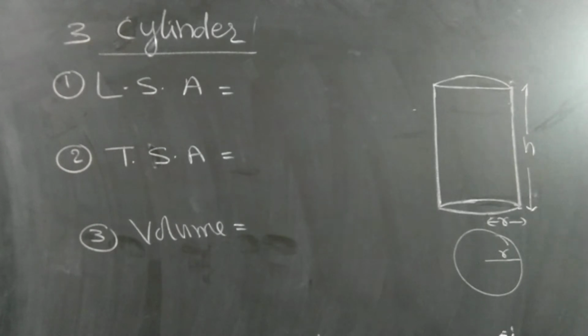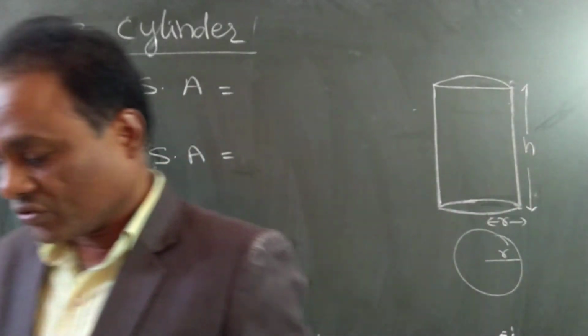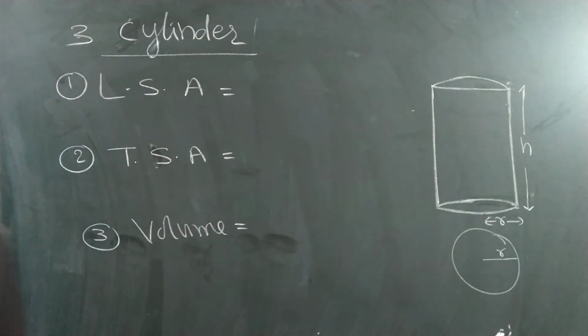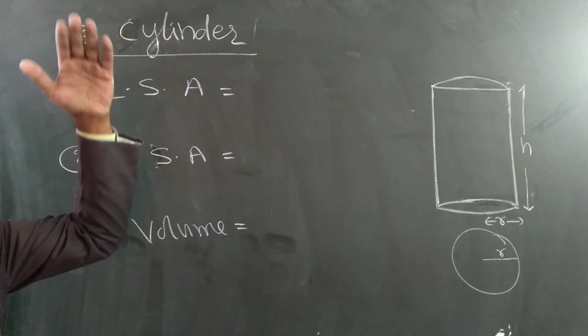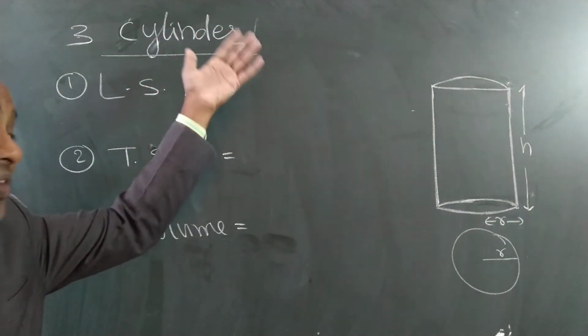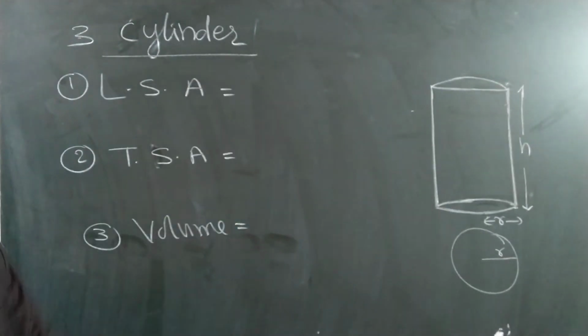Lateral surface is generally used for cube and cuboid, but for the cylinder we can use the word curved surface. So write down the heading cylinder. Why did I write 3 here? Because cuboid is first, cube is second, and now this is the third figure, cylinder.